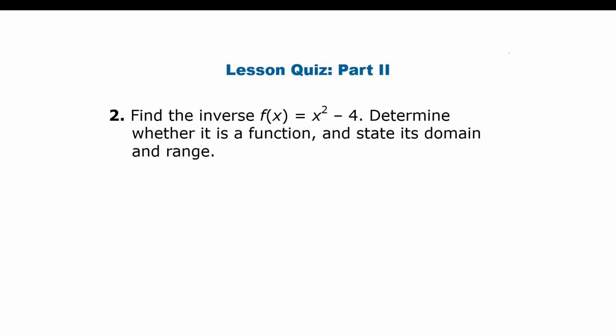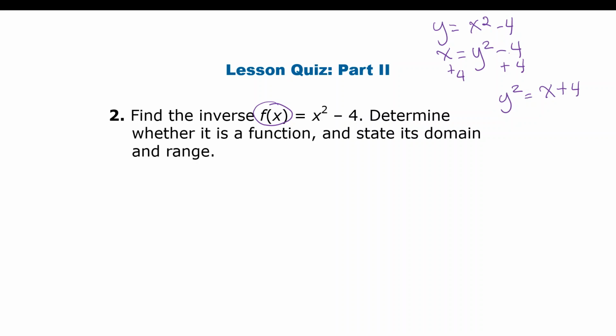All right, so I hope that you noticed that the first thing it says to do is find the inverse. So let's go ahead and remember to take our f of x and change that to y, and y equals x squared minus 4. Now to find the inverse, we exchange our x for our y, and then we solve for y. So we're going to add 4 to both sides. We end up with y squared equals x plus 4.